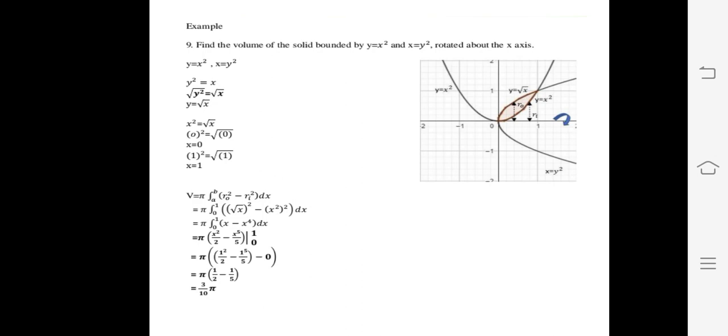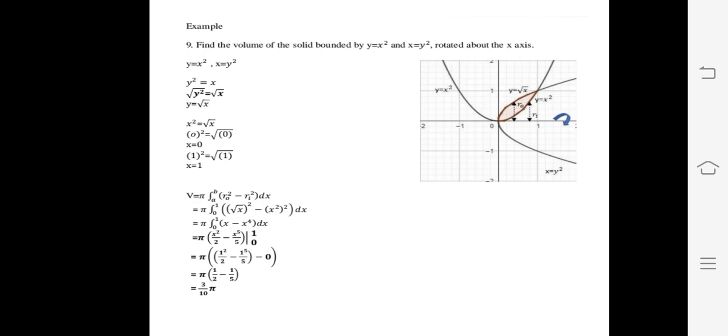So copy pi and the integral from 0 to 1, then the square root of x squared gives us x, minus x squared squared, so we multiply the exponents, 2 times 2, so we have x raised to 4 dx. Then pi times the quantity of x squared over 2 minus x raised to 5 over 5, from 0 to 1.